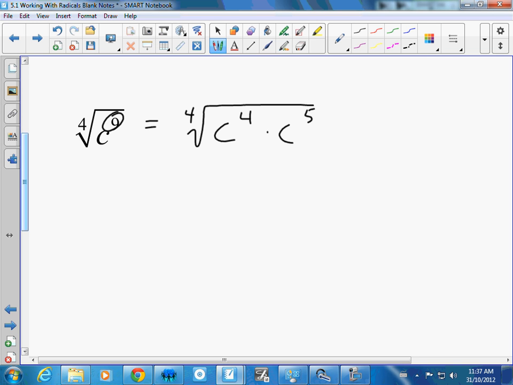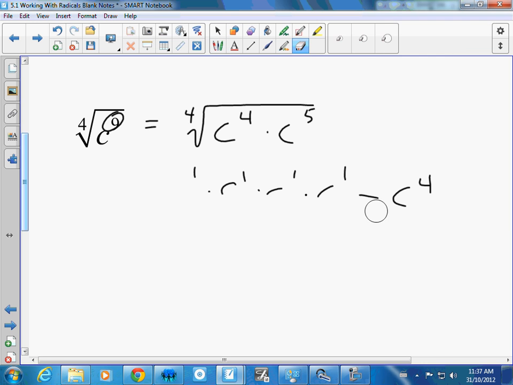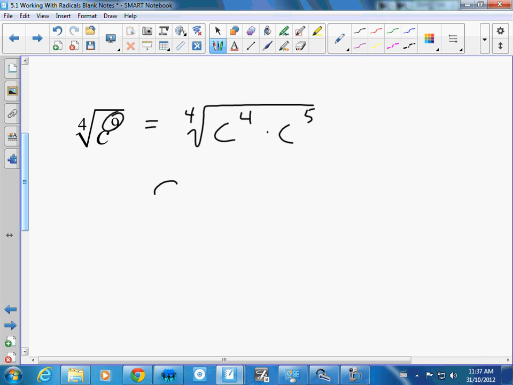It would be c to the 1. Let's watch. c1 times c1 times c1 times c1, what do you do with those exponents? You add them up, you end up with c to the 4th. So that one would work. We could say c1, fourth root of c5. That's one simplification of it.